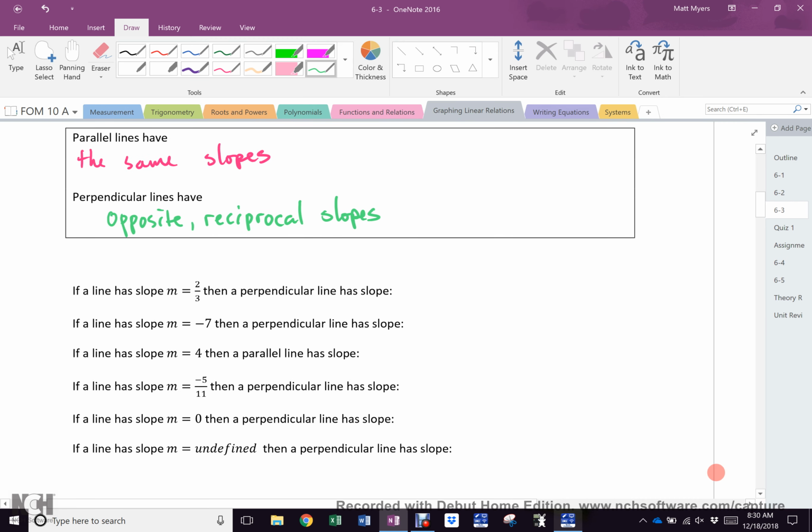So, fill in that. I want to know all 7 slopes there. And this, of course, is just the concept. It has nothing to do with the math we're going to use yet.